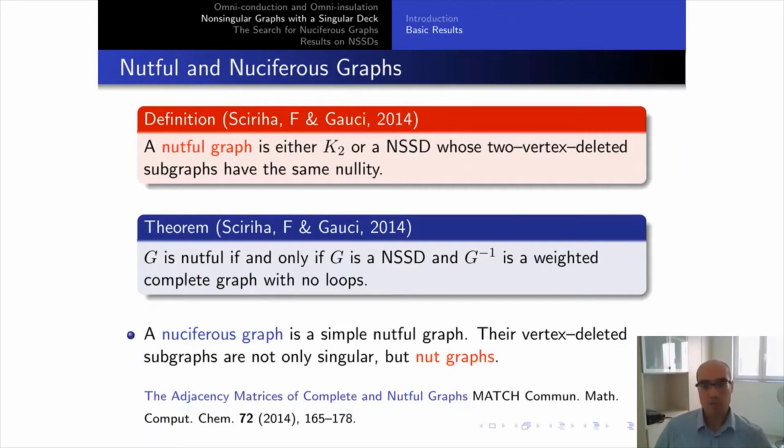It has only zeros and ones in its adjacency matrix. The vertex deleted subgraphs of a nuciferous graph are NUT graphs. And that is where the word nuciferous comes from. Nuciferous means not producing. And in fact, these are not producing because when you remove any vertex from a nuciferous graph, you end up with a NUT graph.